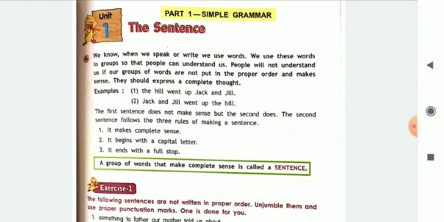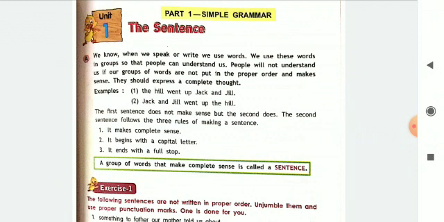Okay, now what do we mean by a sentence? Normally speaking, a sentence is a group of words which is arranged in such a way that it makes complete sense. That is called a sentence, a group of words.